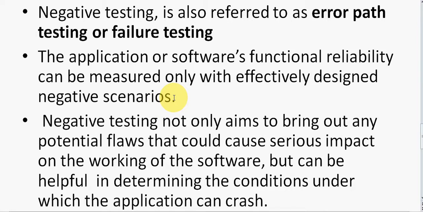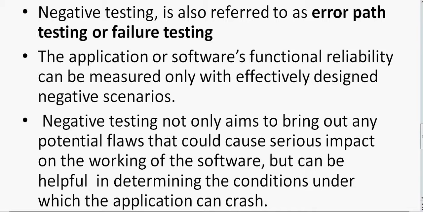So the software stability and reliability is measured, and one of the things it can be measured by is how many negative scenarios are tested. Negative testing not only aims to bring out any potential flaws that could cause serious impact on the working of the software, but it can also be helpful in determining the conditions under which the application can crash, like some of the actions from the user or some of the invalid data input.